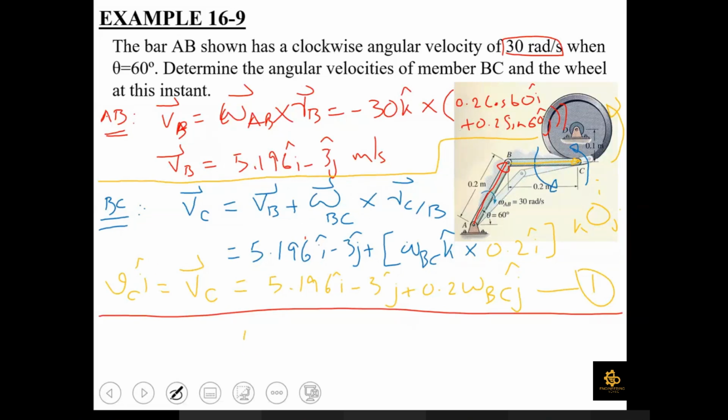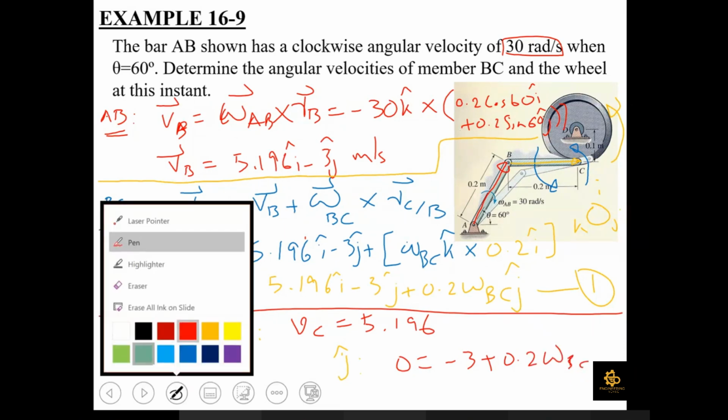Okay, now you compare the coefficients on both sides of this equation, comparing the I and J coefficients. Once you compare the I coefficients, VC is equal to 5.196. And when you compare the J coefficients, it would be 0 equal to -3 plus 0.2 omega BC.